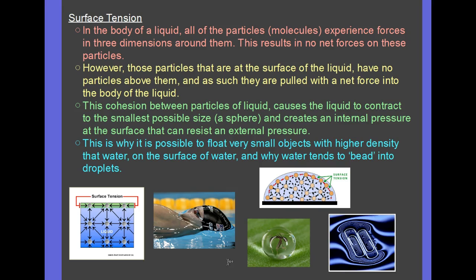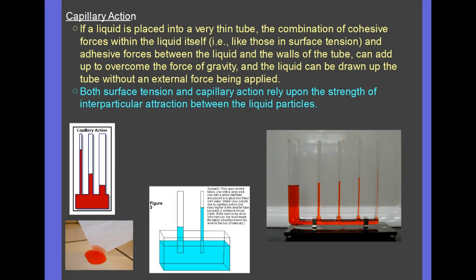This cohesion between particles of liquid causes the liquid to contract to the smallest possible size, a sphere, and creates an internal pressure at the surface that can resist an external pressure. This is why it's possible to float very small objects with higher density than water on the surface of water, and why water tends to bead into droplets. Oh, I just love a water droplet bead. And look at those paper clips floating on the water.